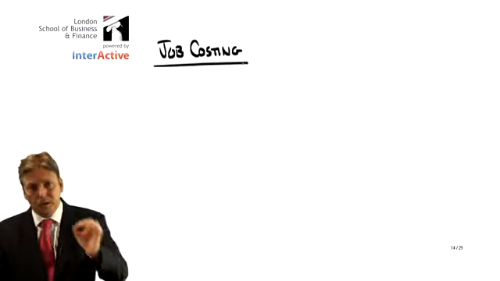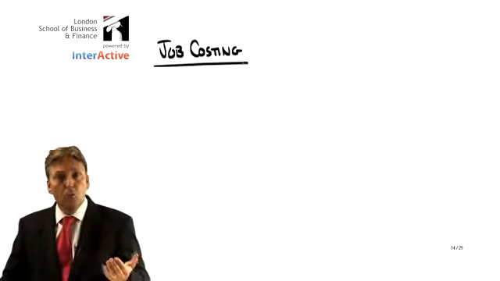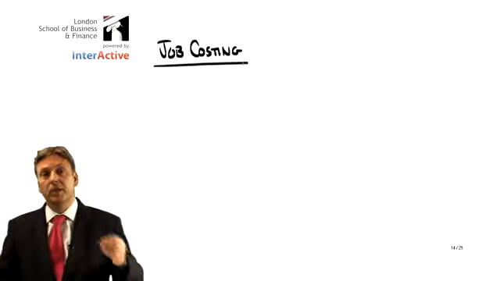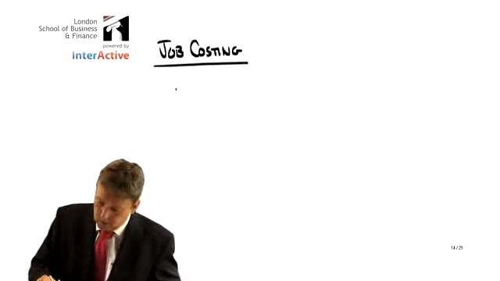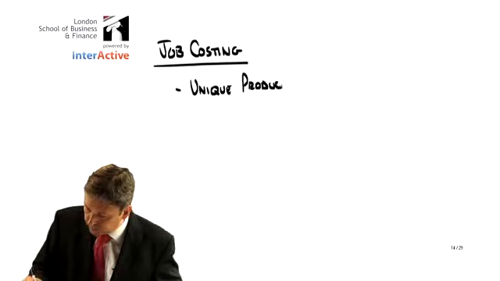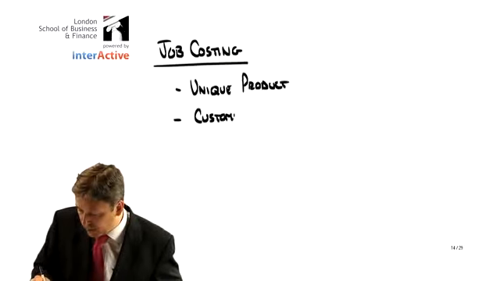They come to us with their specification, and then we go back to them with a cost, and hence a price, associated with our estimation of how much it will cost us. So, it is a unique product. It is to a customer specification.